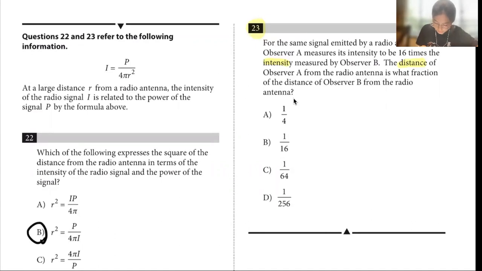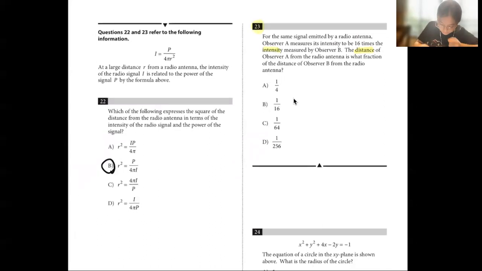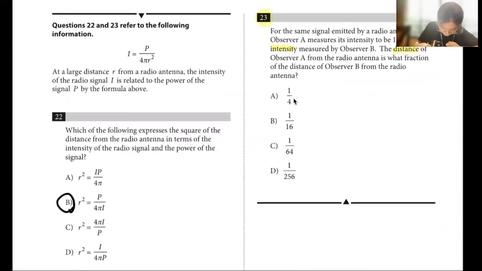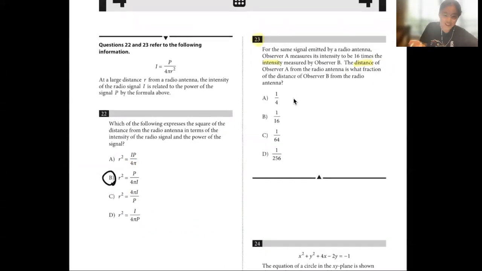The distance is represented with the letter R. We already solved for that, at least partially. So you need to get question 22 correct, or at least work on it, because you'll basically do the same steps.